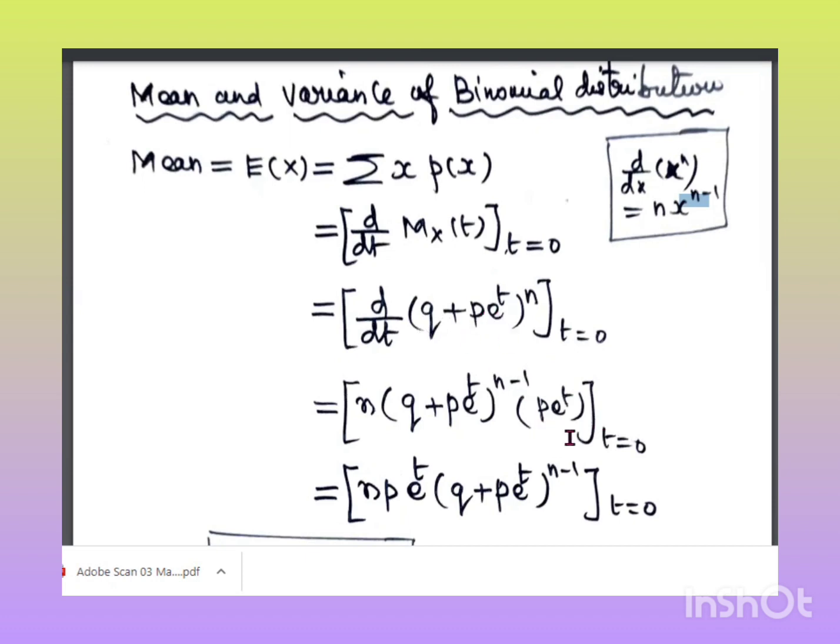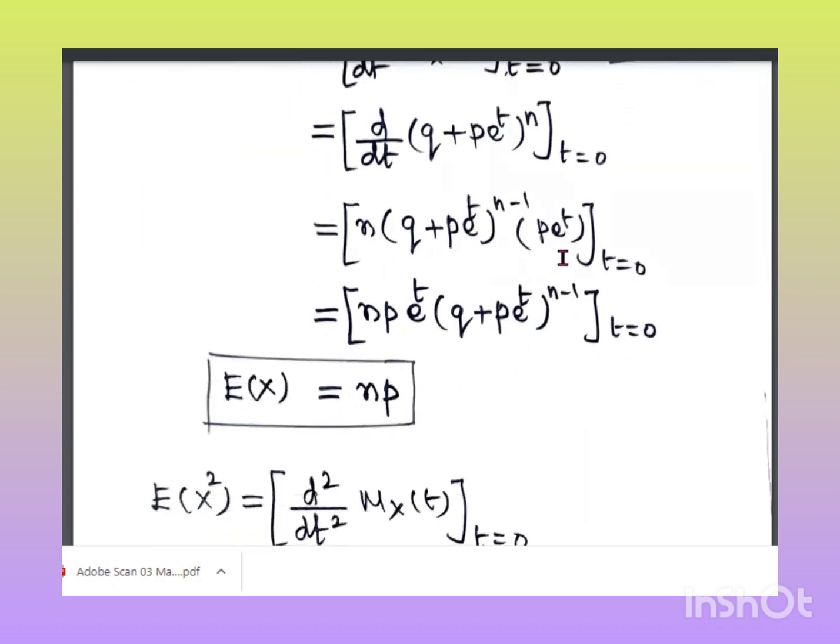So that's why I have written here n into (q plus p e power t) power n minus 1 into p e power t at t equal to 0. So if you multiply, np e power t (q plus p e power t) power n minus 1 at t equal to 0. This value is one time we have differentiated.